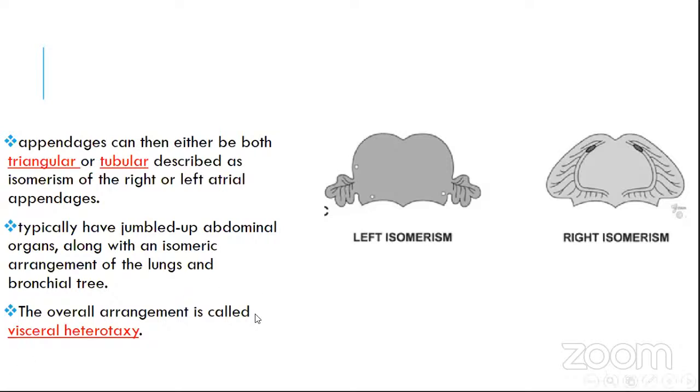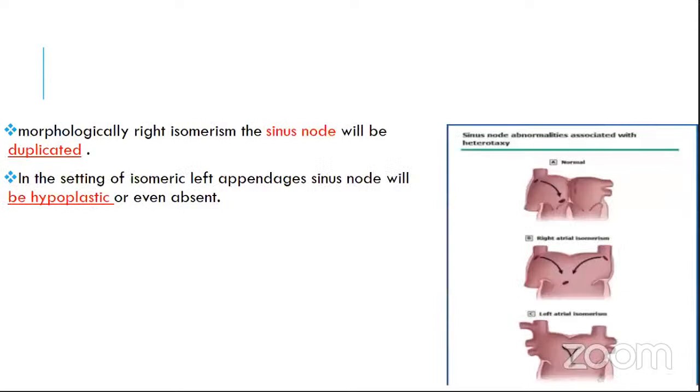The overall arrangement is called visceral heterotaxy. For morphologically right isomerism, the sinus node will be duplicated, as you can see here. In the setting of isomeric left appendage, the sinus node will be hypoplastic or even absent.